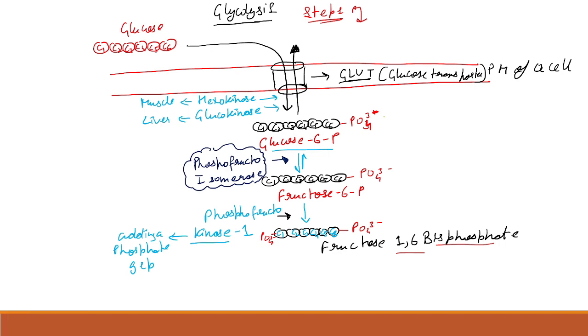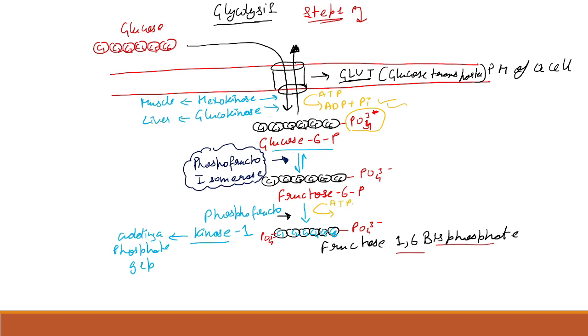From where are we getting this phosphate group? We get this phosphate group by using an ATP molecule. When an ATP molecule gets converted into an ADP molecule, then we get this phosphate. So we are using one phosphate in this step and another phosphate in the previous step, wherein we added the first phosphate group.